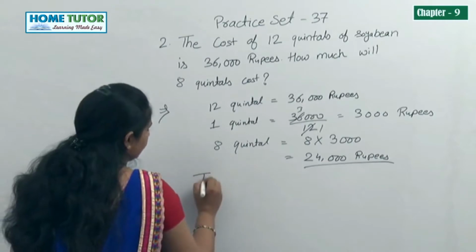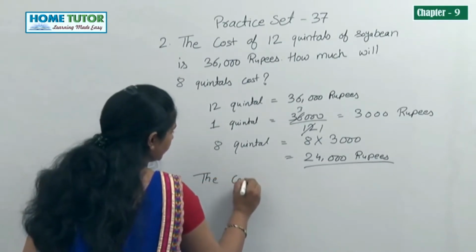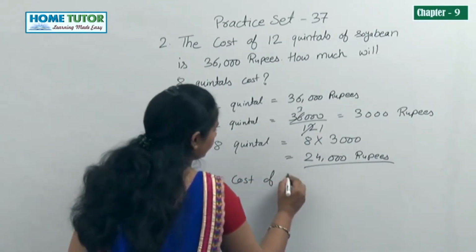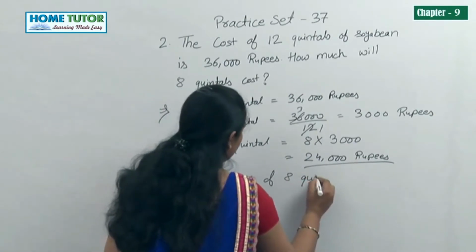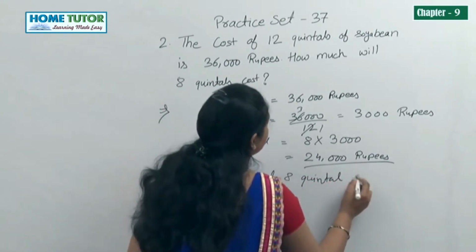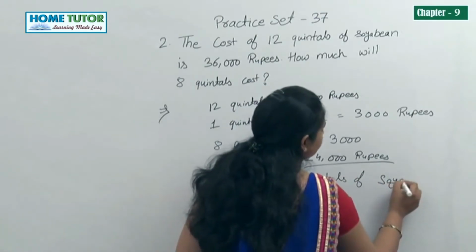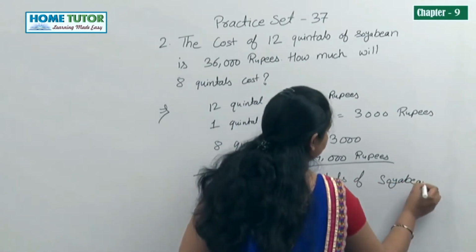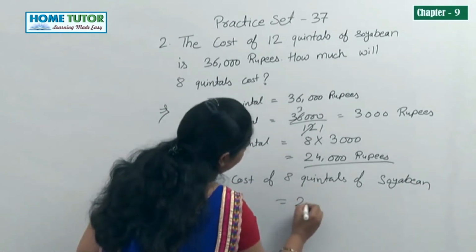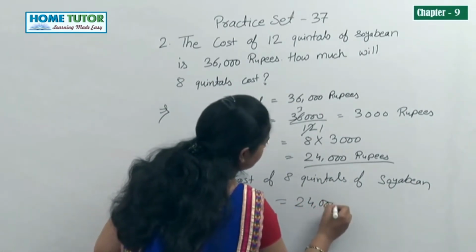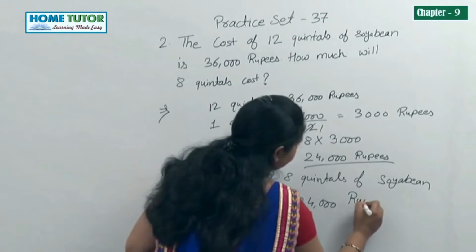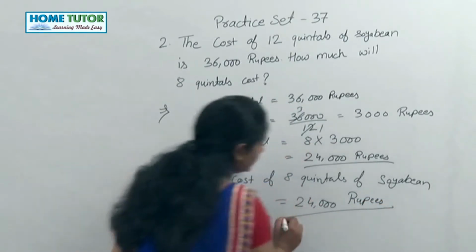So the cost of 8 quintals of soybean is equals to 24,000 rupees. So this is your answer.